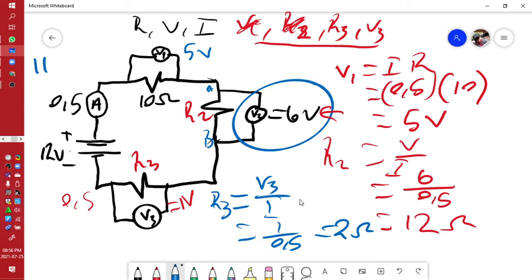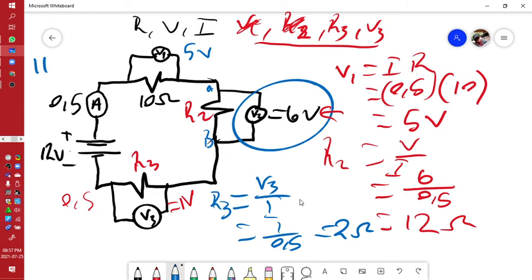So this is how you can do it. The reason why we subtract 5 and 6 from 12 is because in a series connection the resistors are voltage dividers.